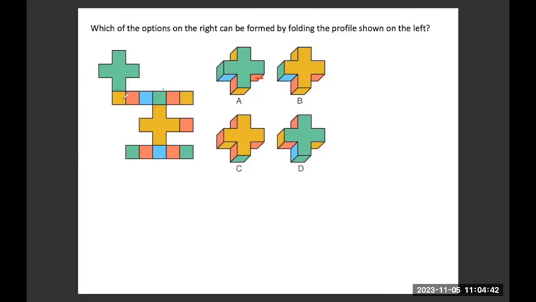Yellow के एक side पे on one side you have orange and blue happening. And on the other side you have orange and some other color, and then the yellow color is happening.